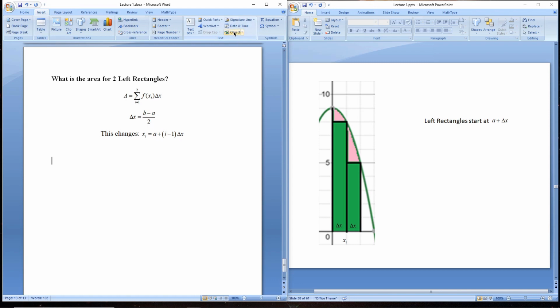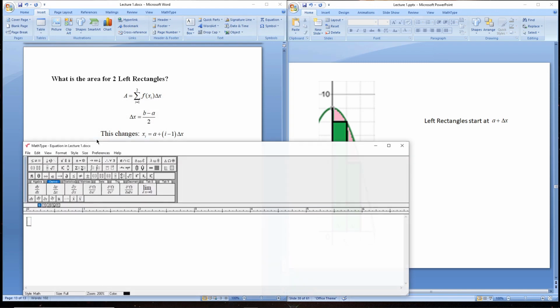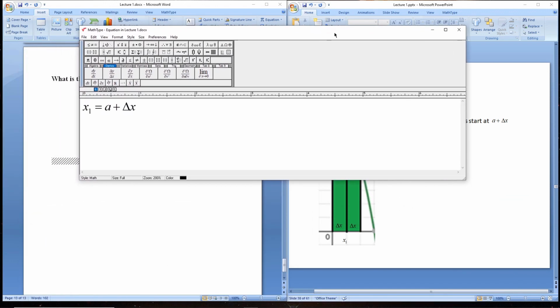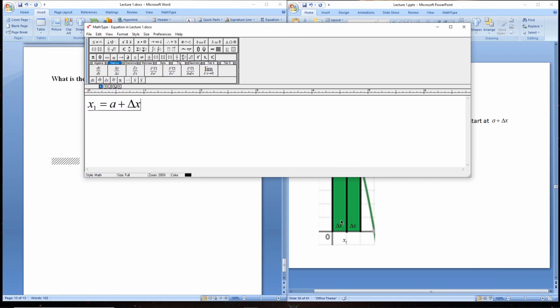And so that's enough information to tell us what x sub 1 must be. x sub 1 must be our starting position, which is A, plus delta x away. That's where this first starting position is right here. It's delta x away from our start. Now for this particular problem, A is 0, and so we can just get rid of that.